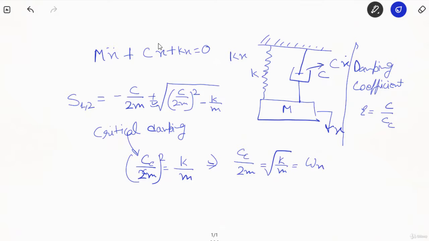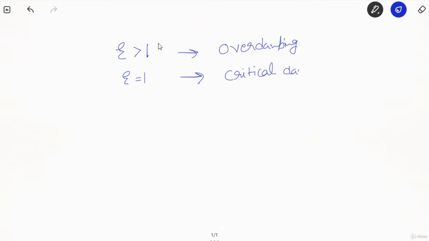Now, we can derive three situations that we will have to remember while discussing vibration. When we say J is greater than 1, this situation leads to over damping, right? When we say J is equal to 1, this situation goes to critical damping, right? When we say J is less than 1, this situation leads to under damping.